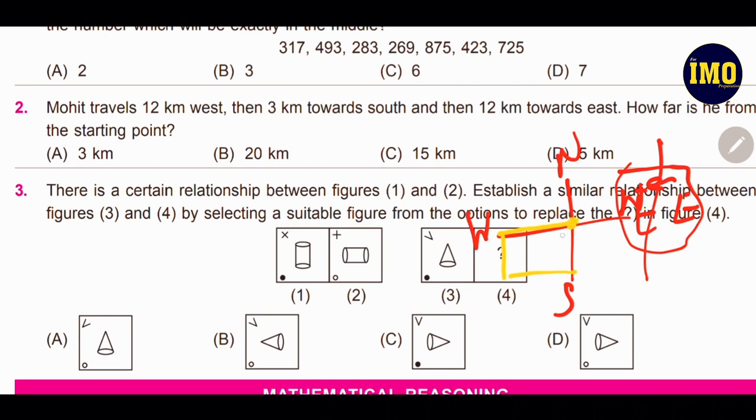The starting point is here. He went 12, then 3. If you see, this is a rectangle, so this is 12, this is 3, and this will also be 3. So this is our answer: he is 3 kilometers from his starting point. Okay, so the second question is done. Now move to the next question.